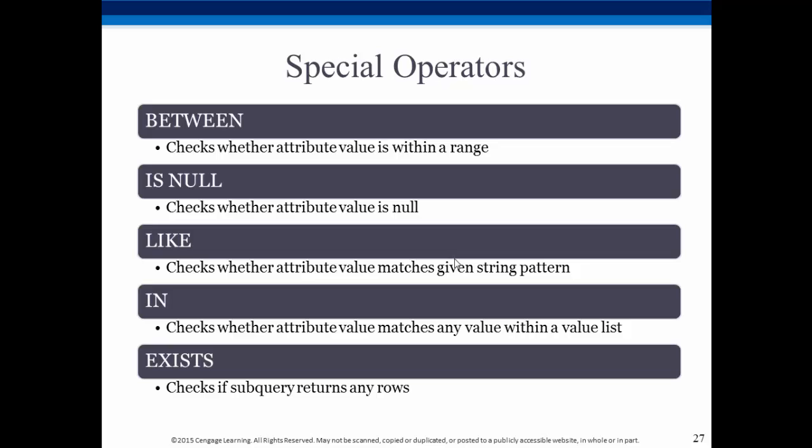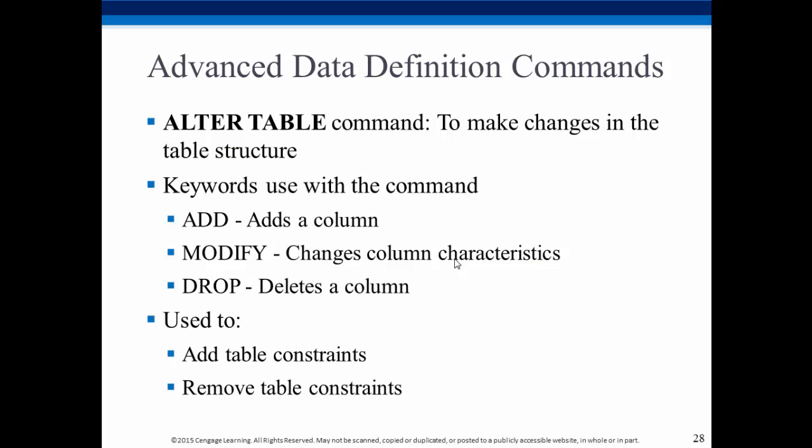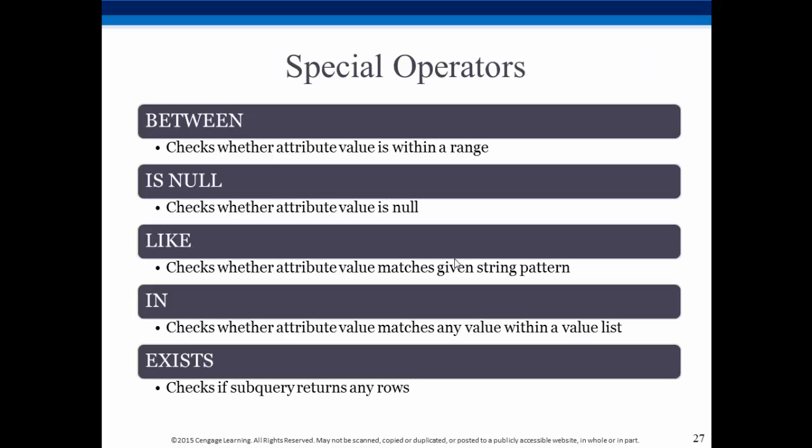IN is used to check whether an attribute value matches any value within a value list. EXISTS is used to check whether a subquery returns any rows. Okay, there are some examples in your book of these.